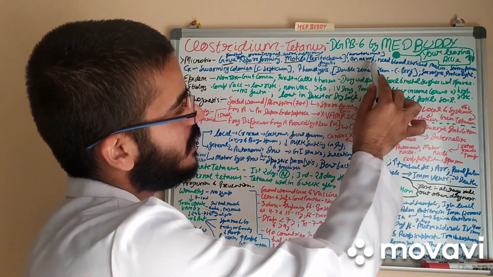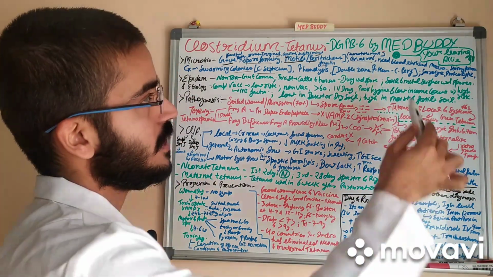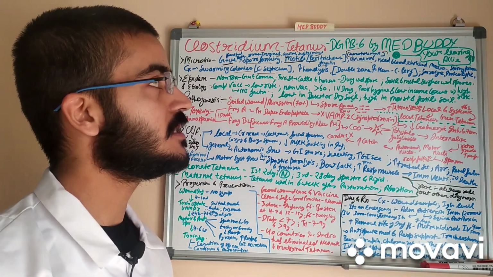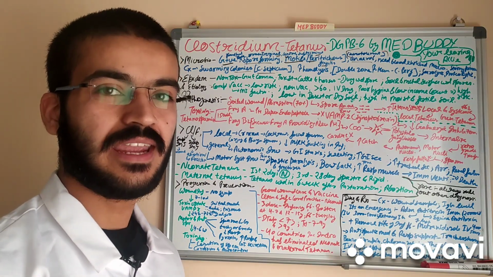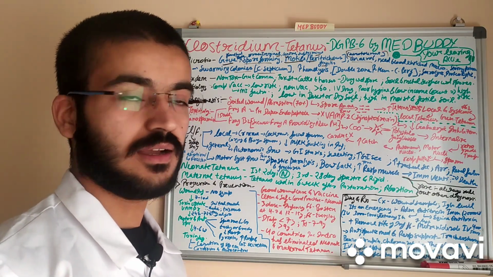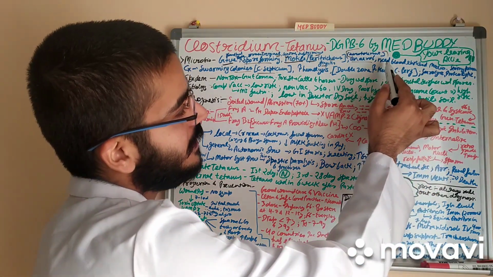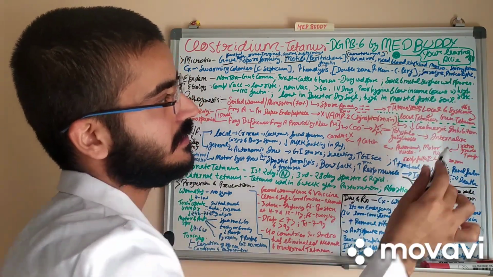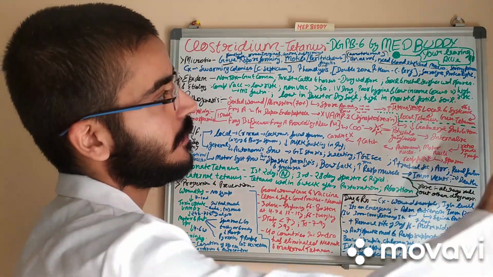They mainly are anaerobic, and they also can be aerotolerant, but they do not proliferate in aerobic media. They need blood enriched media, and that should be anaerobic.